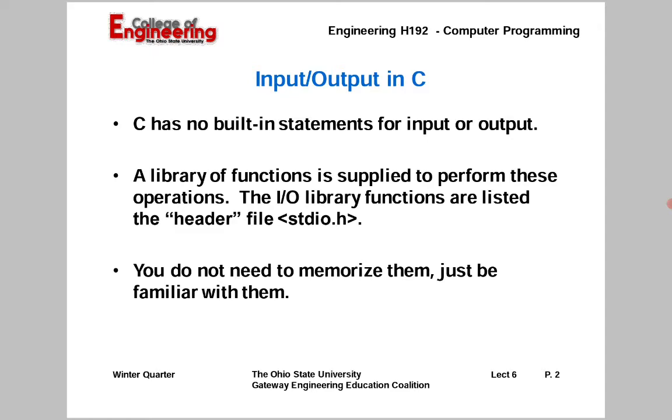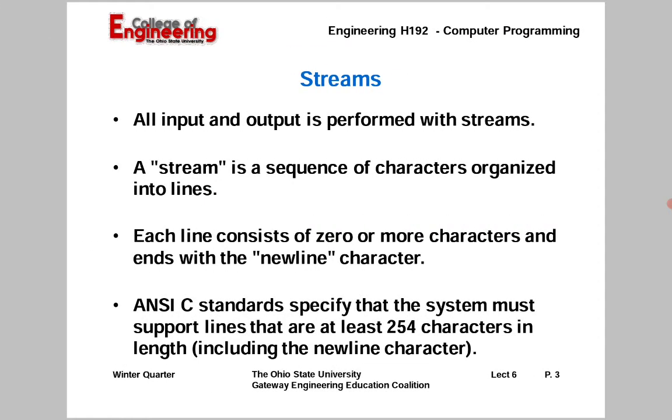It should be included with a preprocessor directive like hash include at the beginning of the file. You do not need to memorize. There are many types of input output functions, all stored in stdio.h. We may discuss them one by one here.